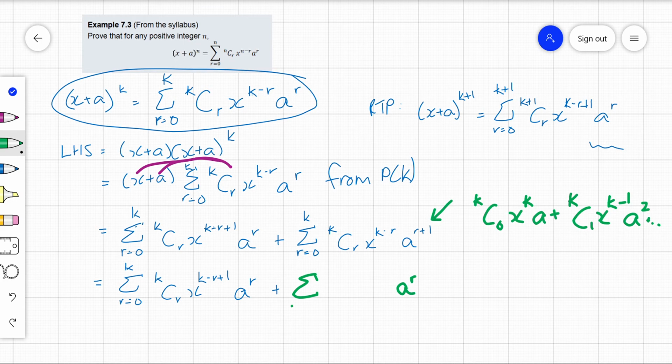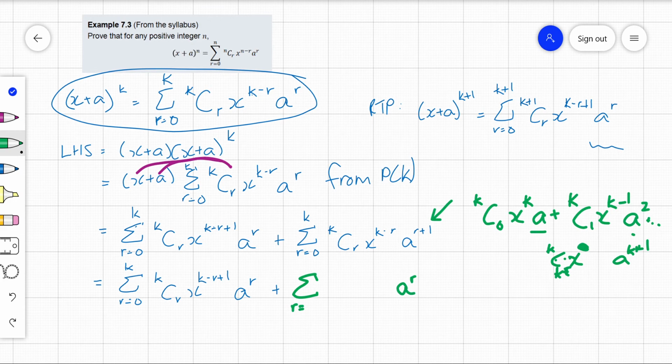So if I start that r, I want 1, 2, etc. all the way up to, the last one will be when I sub k in for r, so I'm going to get a to the k plus 1 there. So k choose k, x to the, I'm putting k in, so that's going to be 0. So that's what I want.